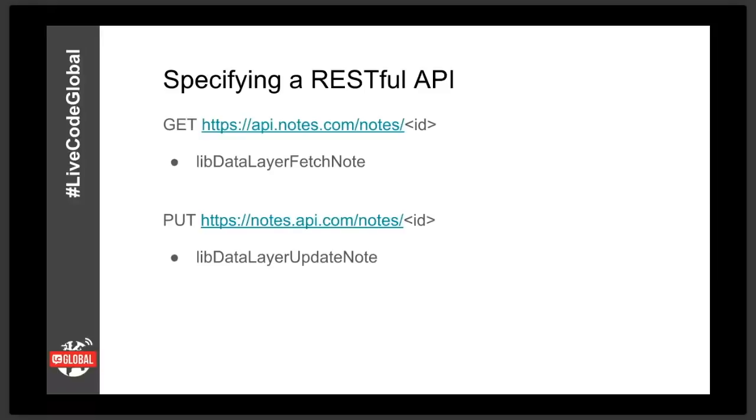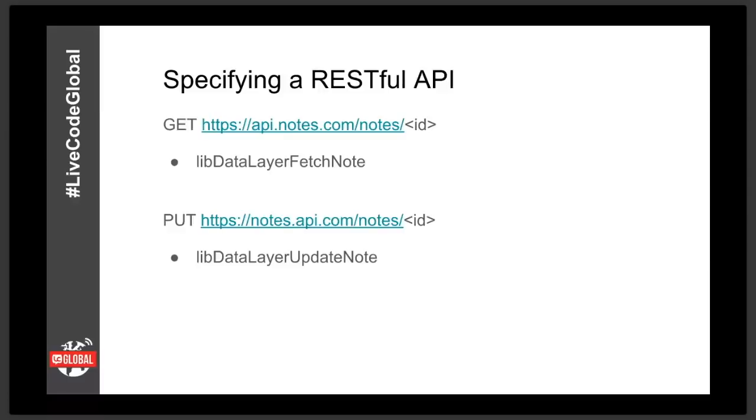If we want to update a particular note, the path is exactly the same, notes/ID, but this time, instead of using the GET verb, we use the PUT verb, and that updates the contents of the given note. So a GET request to that path returns the contents of the note, and a PUT request to that path puts the data into that note, so we update the note.